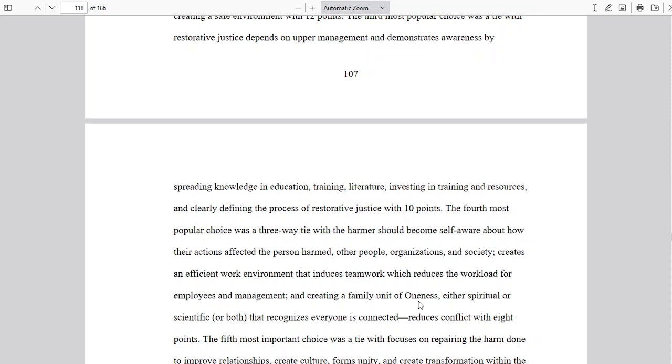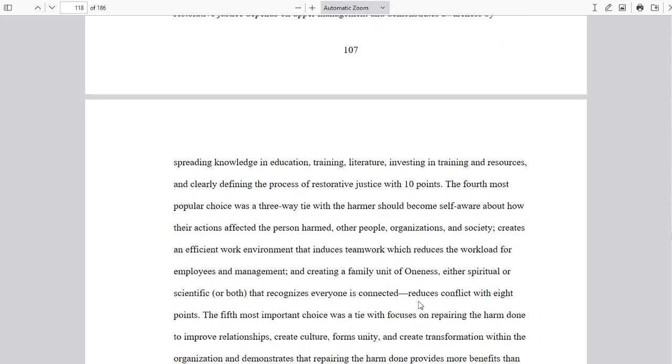Creates an efficient work environment that induces teamwork, which reduces the workload for employees and management, and creating a family unit of oneness, either spiritual or scientific or both, that recognizes everyone is connected, reduces conflict, and all those had 8 points.